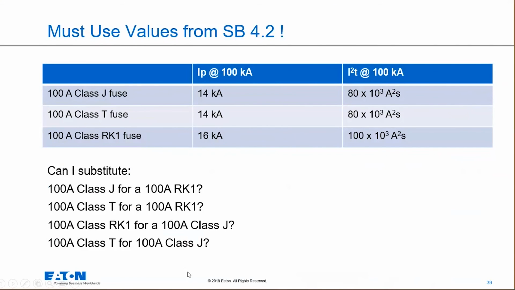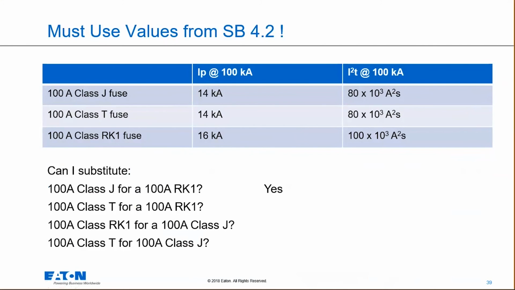Well, in this case, if I look at the I sub P at 100 kA and the I squared T at 100 kA, the 100 amp Class J, which is the top fuse there, has a 14 kA rating, and that's obviously better than a 16 kA. It's going to let through less peak current than the RK1. So in this case, yes, I can substitute a Class J for an RK1.